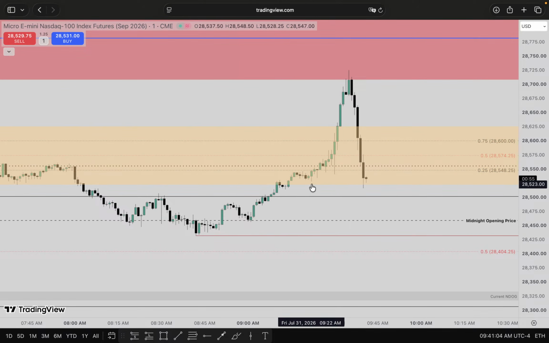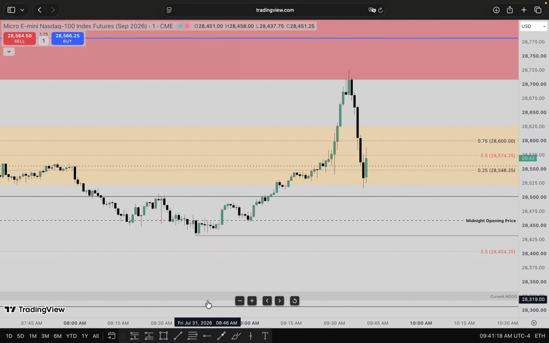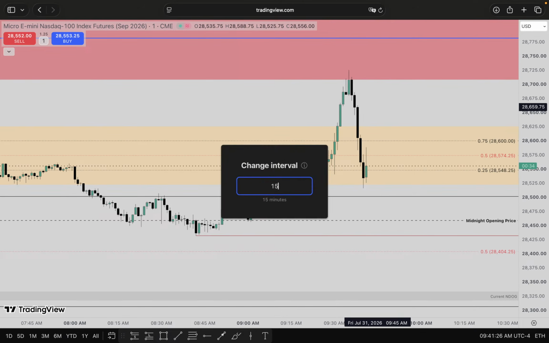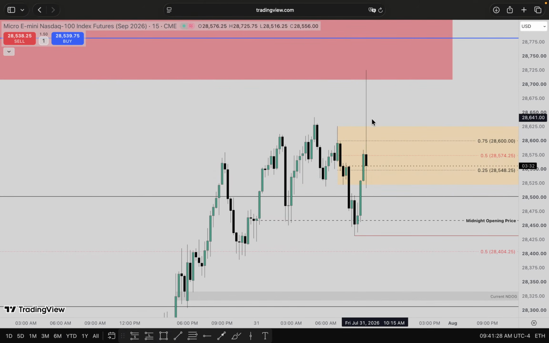Reacted at that low of this pre-market opener range. And now we're starting to push up. So let's see. The 9:30 opening bell was crazy.